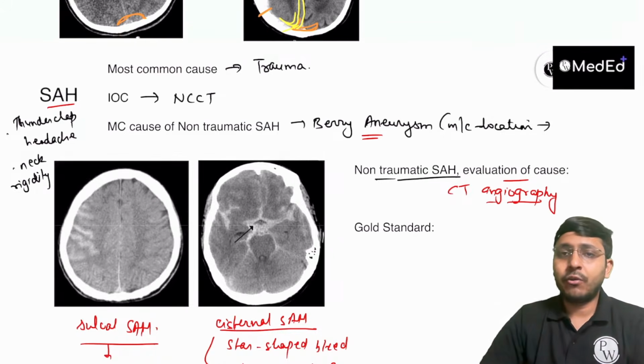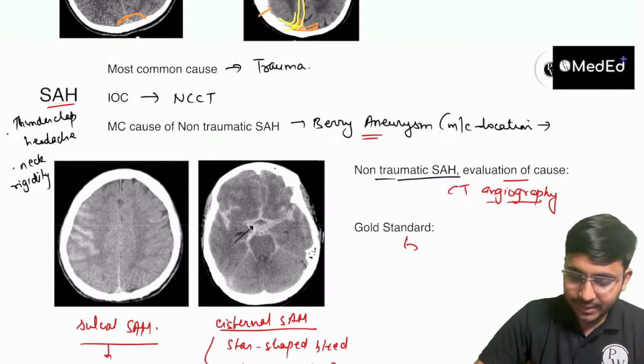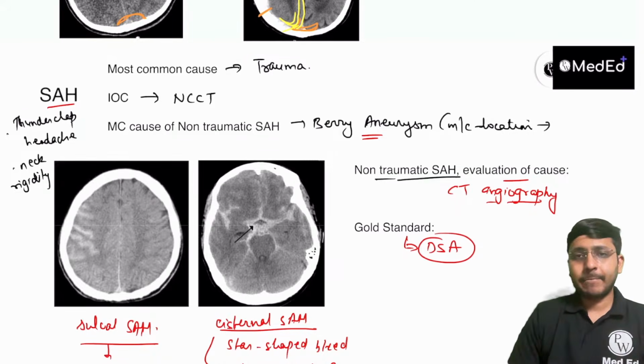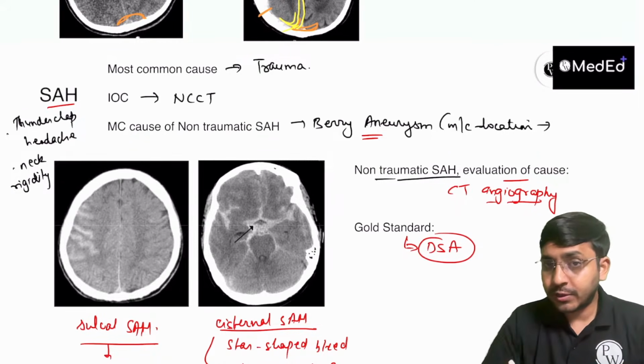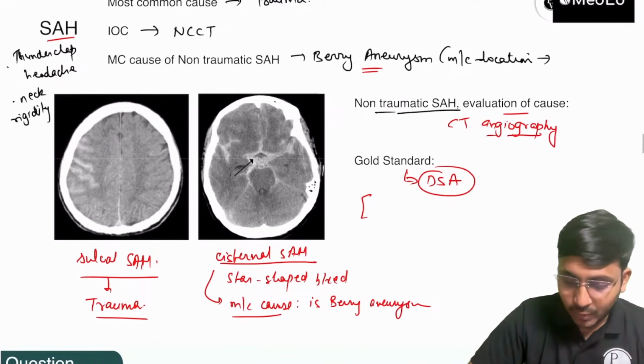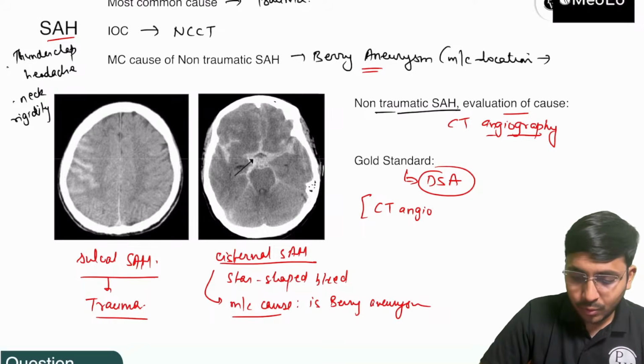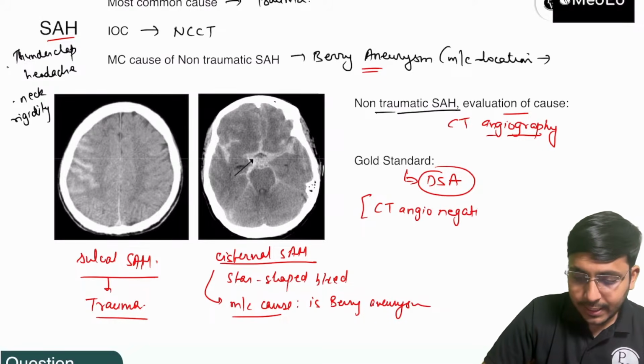Now, the gold standard for SAH is DSA. Okay. Now, what do I mean by gold standard of SAH? Sometimes in the question you can be asked CT angio negative SAH.